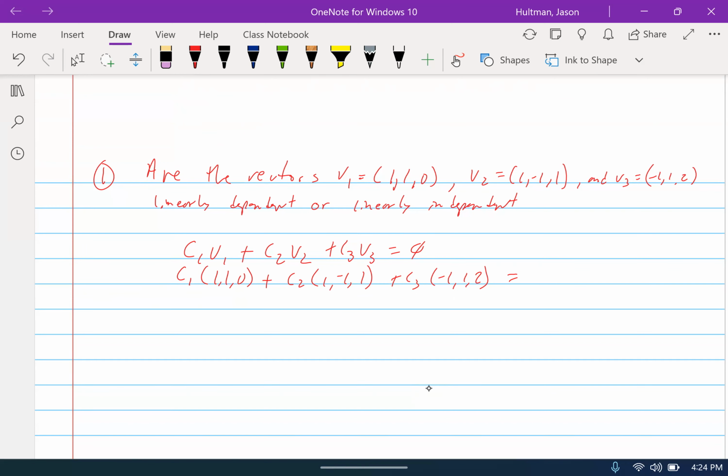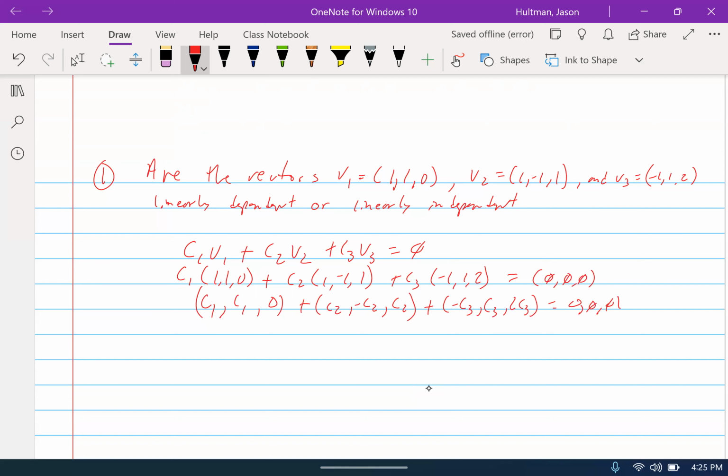Actually, we'll let it equal the 0 vector in 3 dimensions, in R3. So this is going to become C1, C1, 0, plus C2, negative C2, C2, plus negative C3, C3, 2C3 is equal to 0, 0, 0.